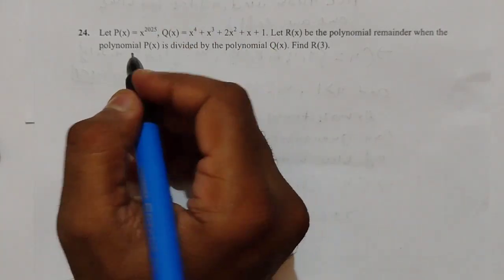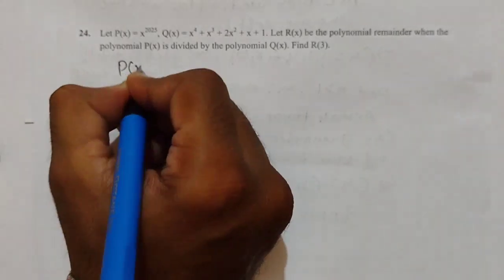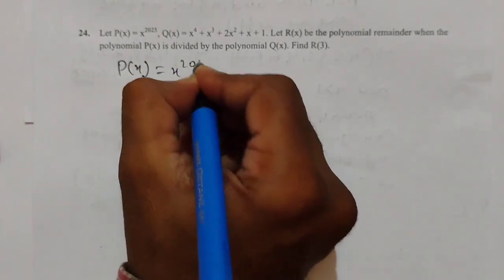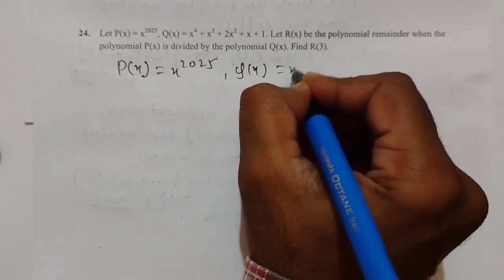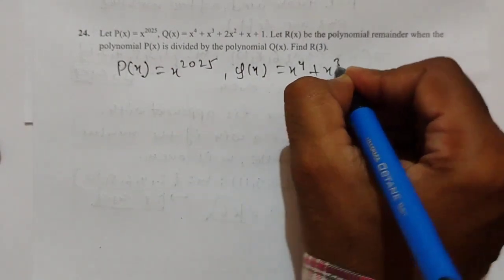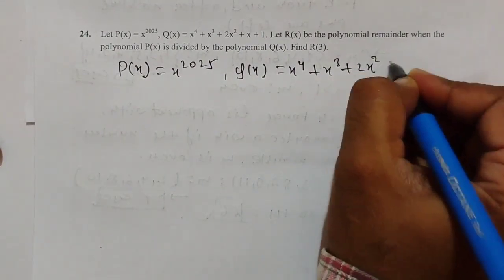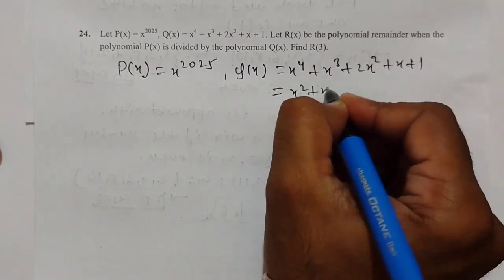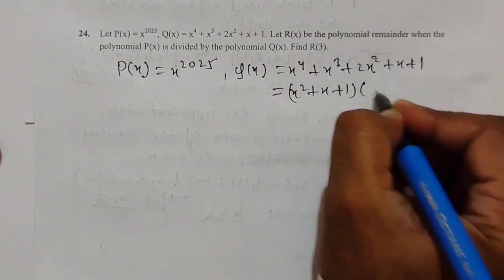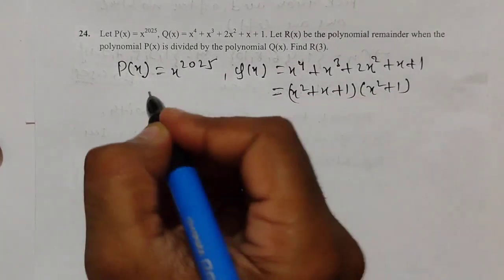Find R(3). Now we have p(x) equal to x to the power 2025 and q(x) equal to x to the power 4 plus x to the power 3 plus 2x squared plus x plus 1. This is equal to (x squared plus x plus 1) into (x squared plus 1).